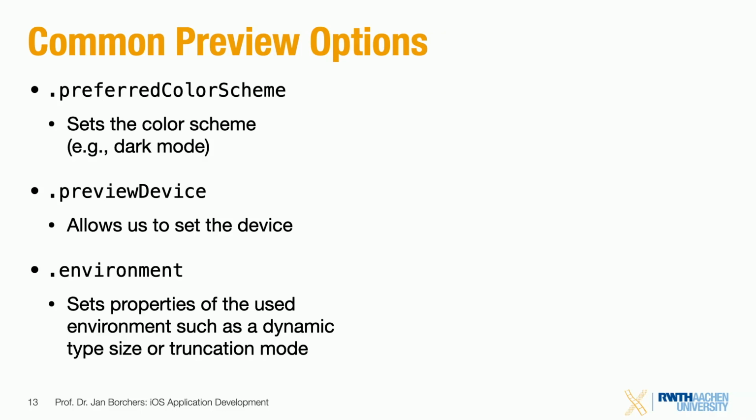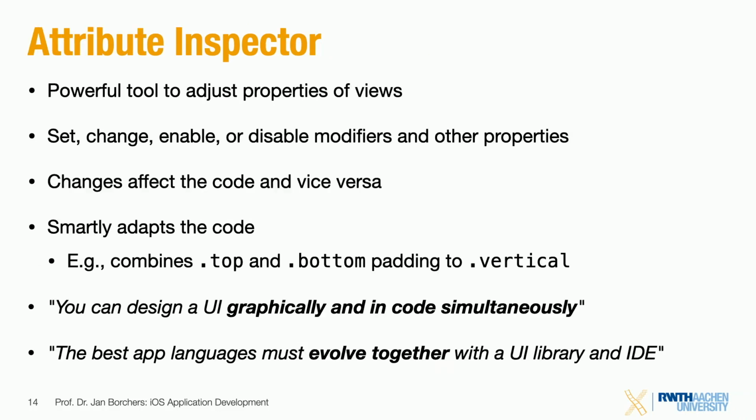You can choose a different environment. You could duplicate that code at the bottom and have several of these, and then you would get different kinds of previews side by side with different settings. You can change a whole bunch of things in the preview to make it look the way you want it to, or if you want to understand, does this still work on dark settings, for example.